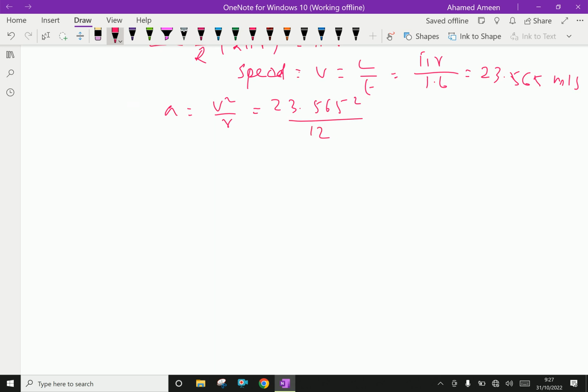So we have 23.565 into 23.565 divided by 12, which equals 46.275 meter per second square.